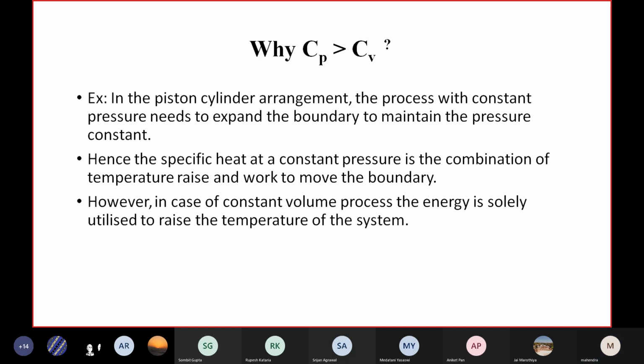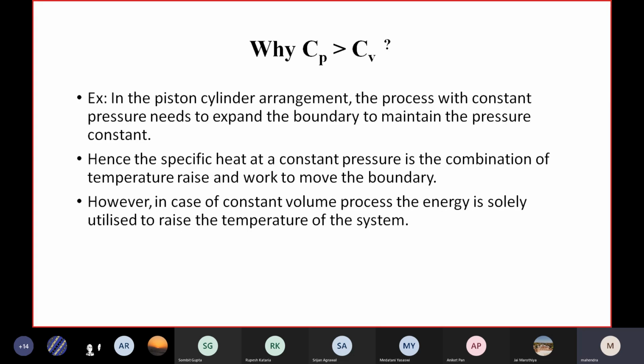Simply, if you take a piston cylinder arrangement, pressure constant, heat supplying means volume will be increasing, so the piston will be pushing out. When the piston is pushing out, you are getting the work. That means whatever heat you are supplying is the combined effect of increasing the temperature as well as producing the work. That is the reason Cp is higher than Cv.